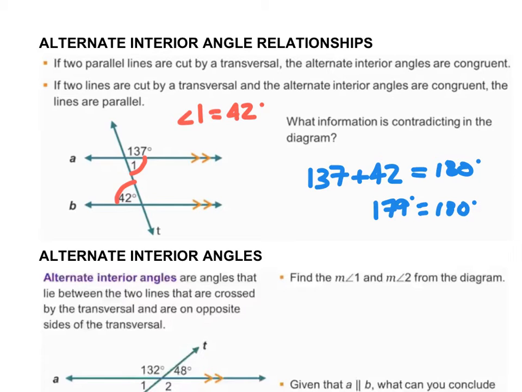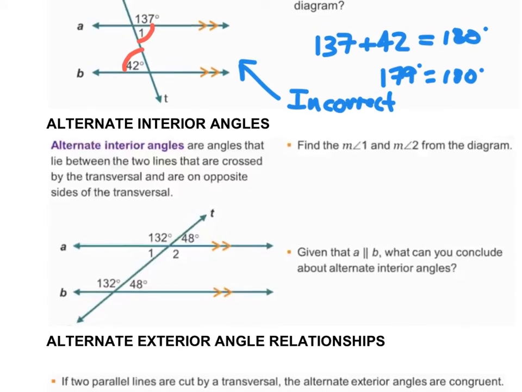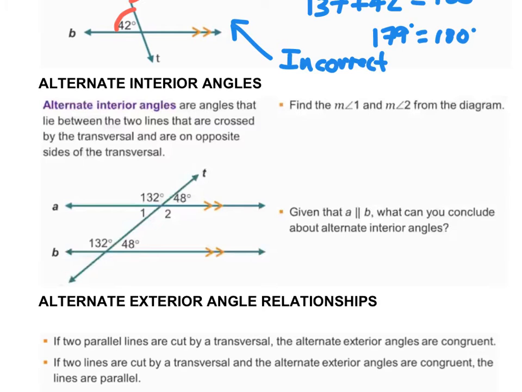So that's what's contradicting in this diagram. This is actually an incorrect diagram. You can check to see whether the lines are parallel or the angles. Because of this, these lines wouldn't be parallel. So it's incorrect. Let's take a look at some things about alternate interior angles.